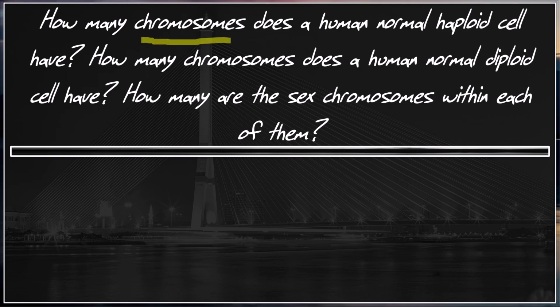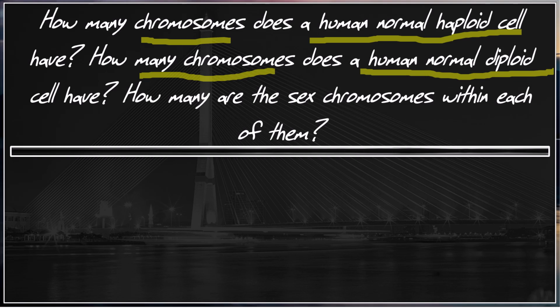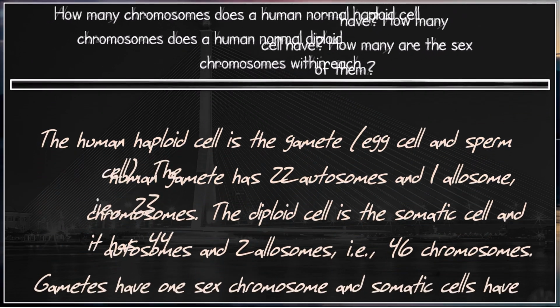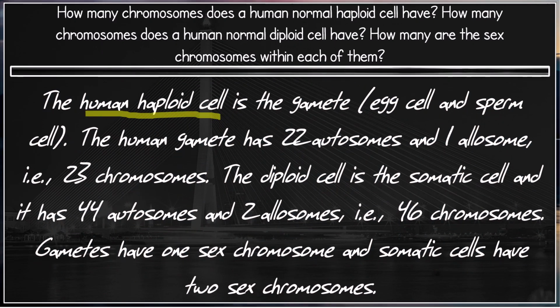How many chromosomes does a human normal haploid cell have? How many chromosomes does a human normal diploid cell have? How many are sex chromosomes within each of them? The human haploid cell is the gamete, that is the egg cell and the sperm cell.